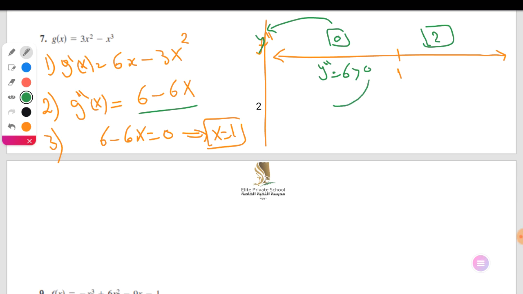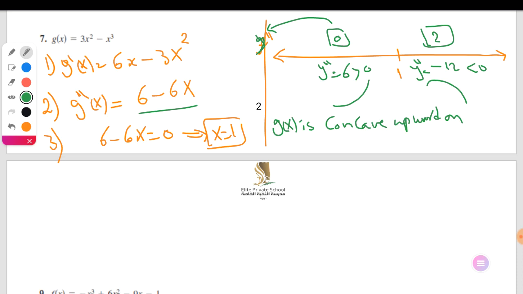Okay, this one, 2, I replace in the second derivative. It will be negative 12, less than 0, concave downward. In this case, the function g is concave upward on which interval?